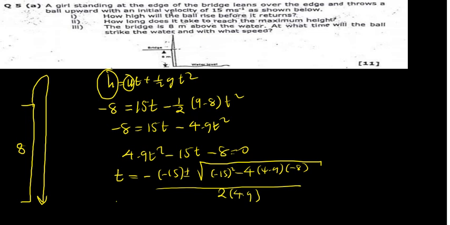Punch this on your calculator, and you should get 3.524. Of course, we are going to find two answers. One is going to be negative, so you just concentrate on the positive one. This is the same answer that you found, so this is the time it will take to hit the ground.